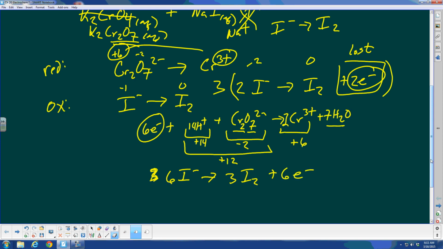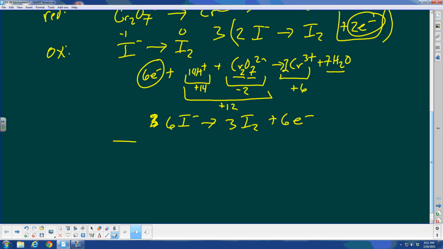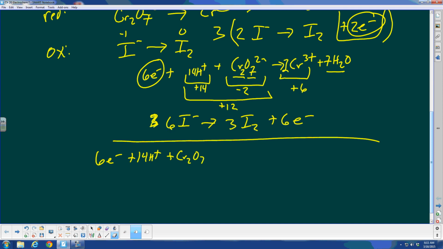And then we want to combine. Let's combine 6 electrons plus 14 H+ plus my dichromate plus 6 iodides yield 2 chromium 3+ plus 7 waters plus 3 iodines plus 6 electrons.